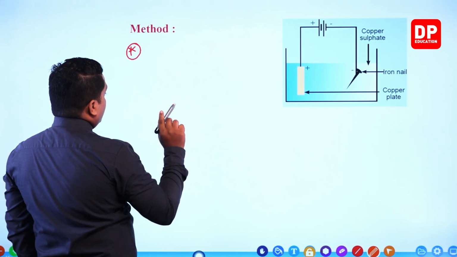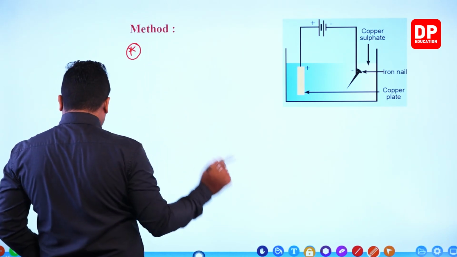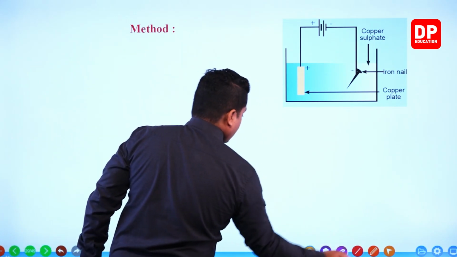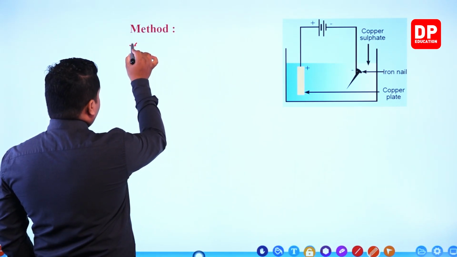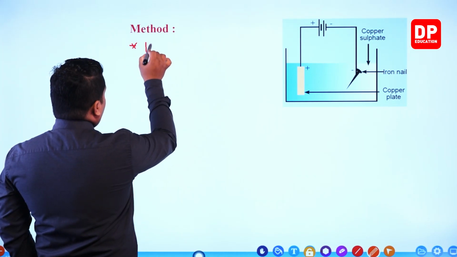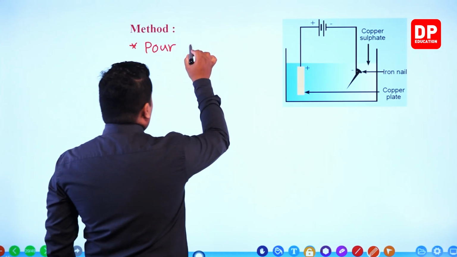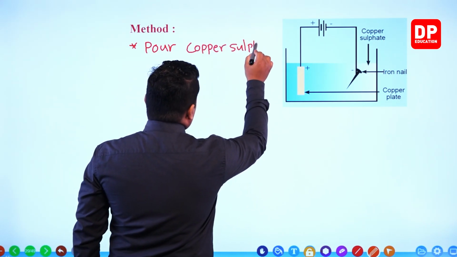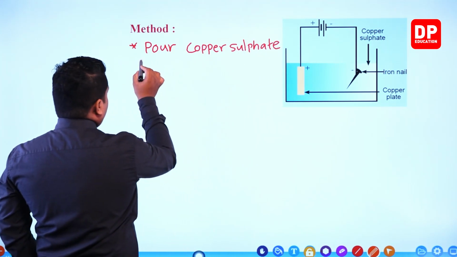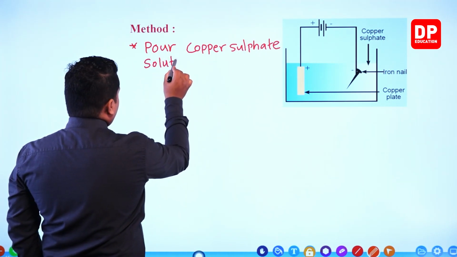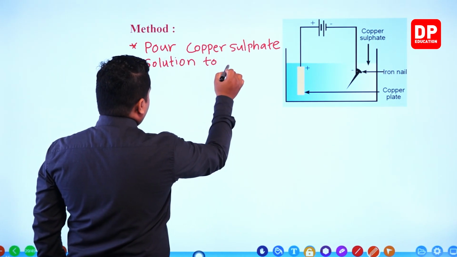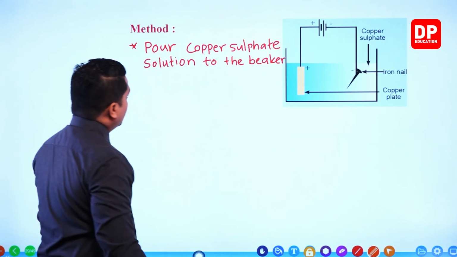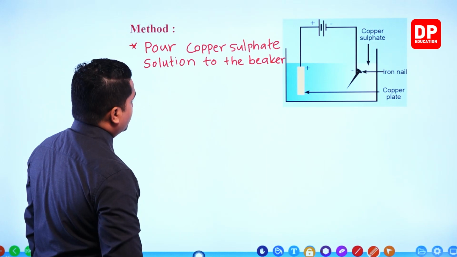So I'll write like this, the important ones at the bottom. First, pour copper sulfate solution to the beaker.